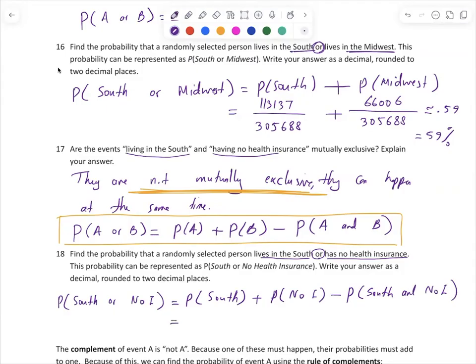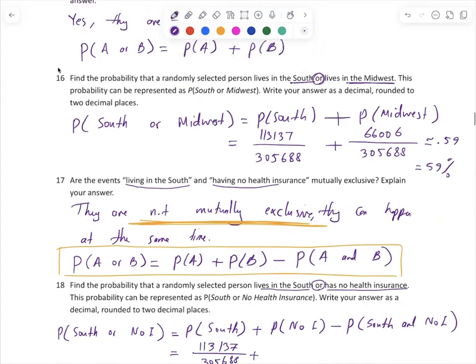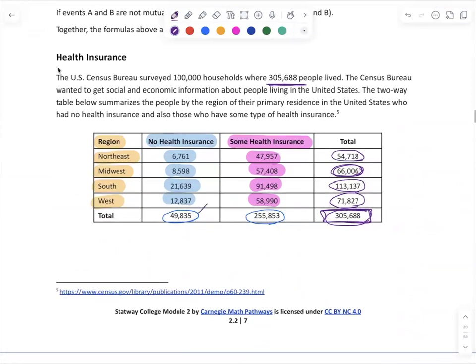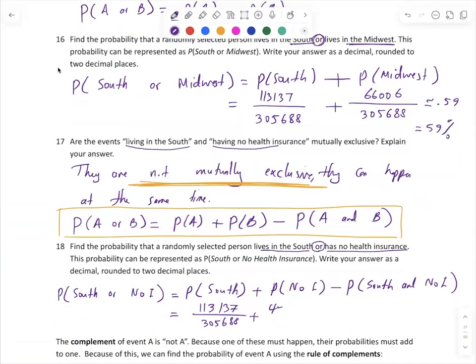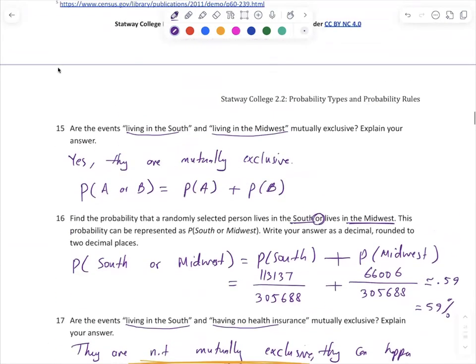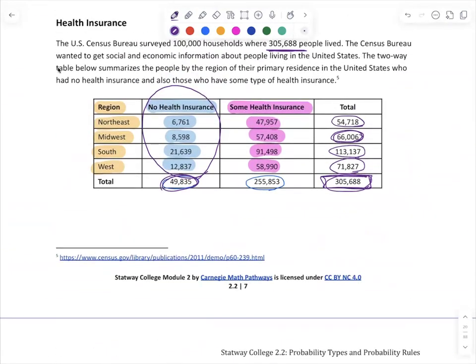What is the probability of living in the south? It is 113,137 divided by 305,688 plus. What is the probability of having no insurance? Having no insurance, how many people don't have insurance? 49,835 divided by 305,688 minus their intersection. What is the intersection between the number of people who actually live in the south and have no health insurance?